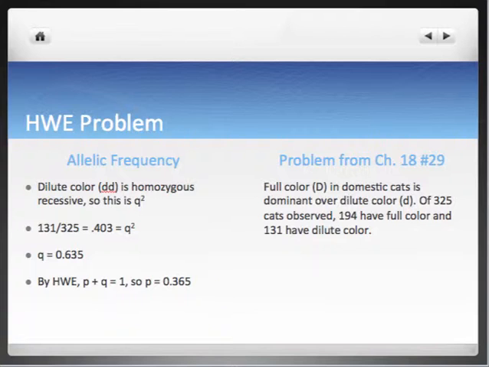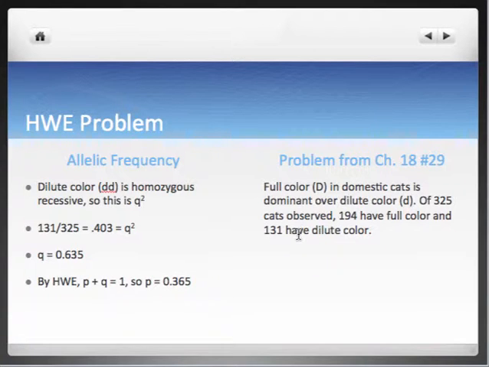Allelic frequency. Now what we're going to be doing is counting the number of alleles that are present. Since dilute is the recessive allele, the number of dilute colored cats is the homozygous recessive group, and this is what we're going to start with to figure out the allelic frequencies.